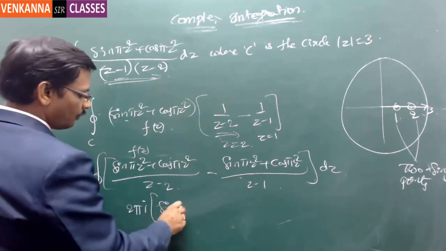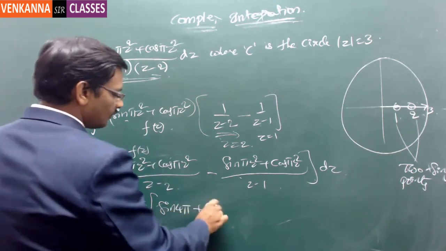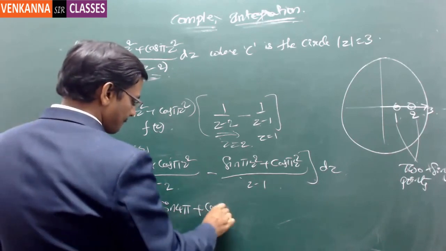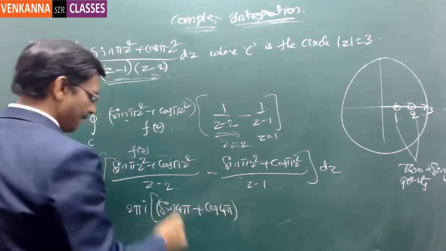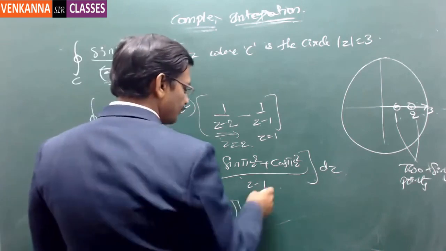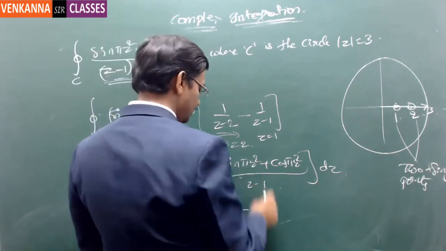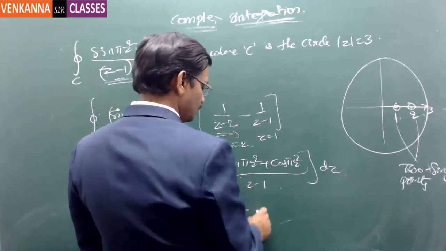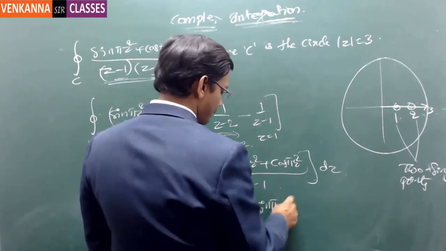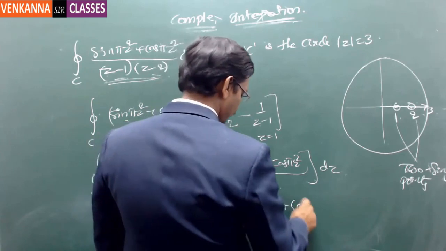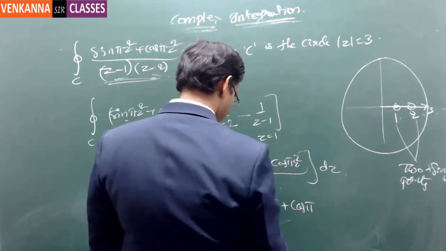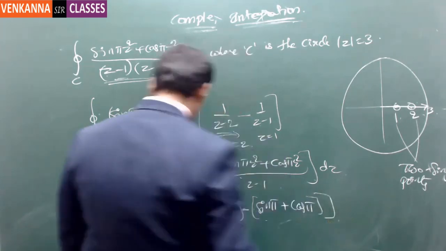Sin of 4 pi plus cos of 4 pi, minus here 2 pi i is anyway common, and this is minus of sin pi plus cos pi. This is the value.